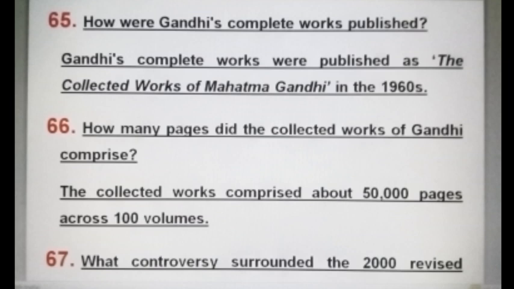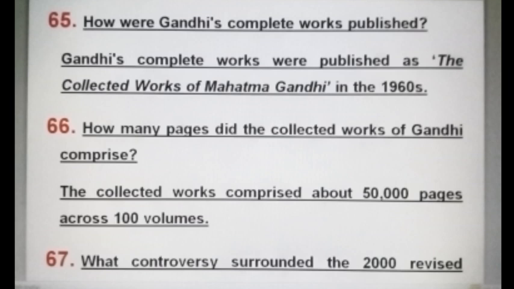How were Gandhi's complete works published? Gandhi's complete works were published as the collected works of Mahatma Gandhi in the 1960s. How many pages did the collected works of Gandhi comprise?